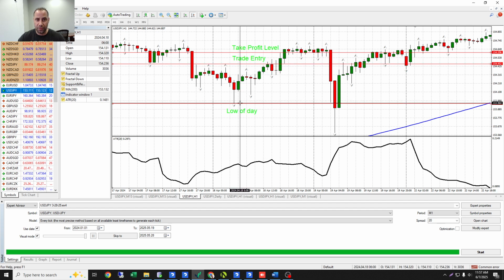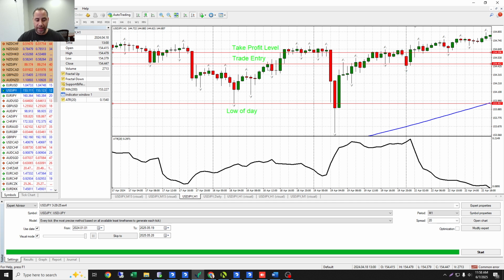So the low of the day is going to be here. Just to get exact figures, this is going to be minus 153.957, which is 0.495. That's in pips. Let's do it in points, times 1,000. So we have 495 points. So from the low of the day to the entry, it has already moved 495 points.